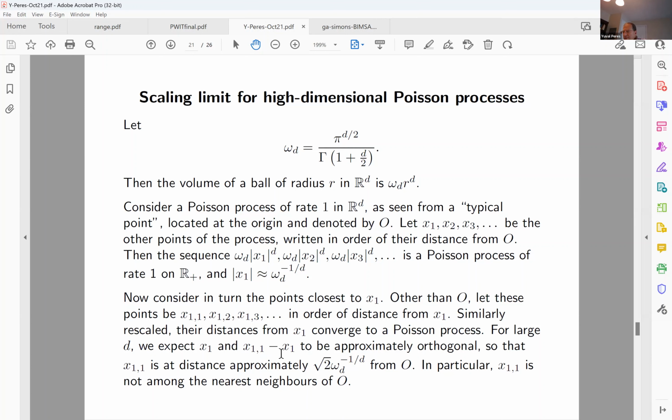So this means that x11 is at distance about √2 times this number, omega d to the minus 1 over d, from the origin. So x11 is not at all in the list of the first 10 or the first 1,000 points from the point of view of the origin.